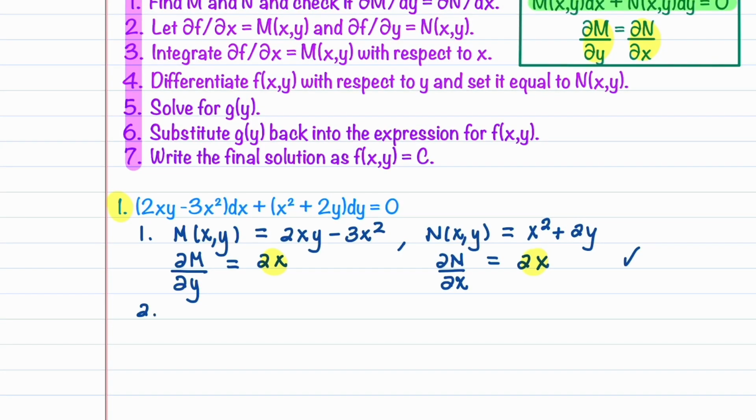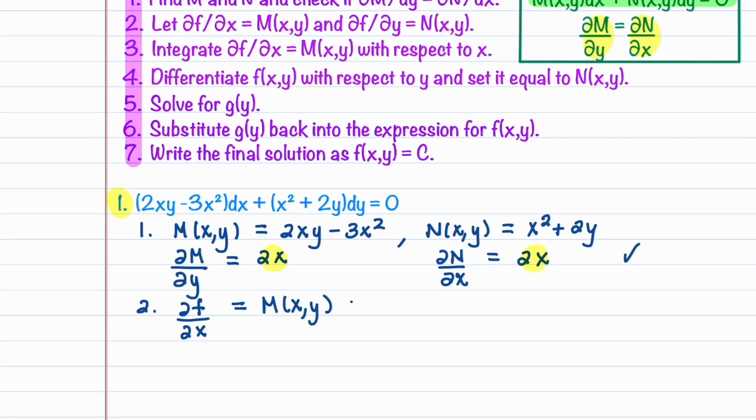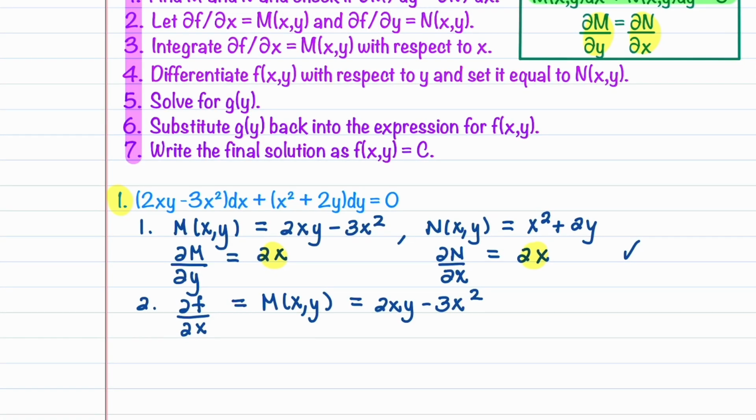In step 2, we're going to let the partial derivative of a function f, which is going to be our solution, with respect to x equal M of x, y. And that is equal to 2xy minus 3x squared. We're going to do the same thing with respect to y.